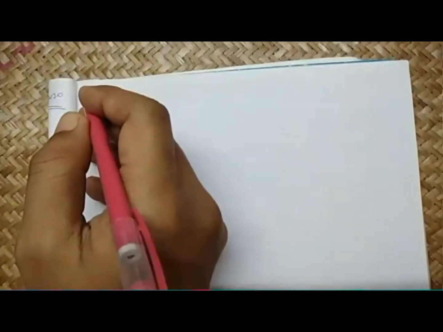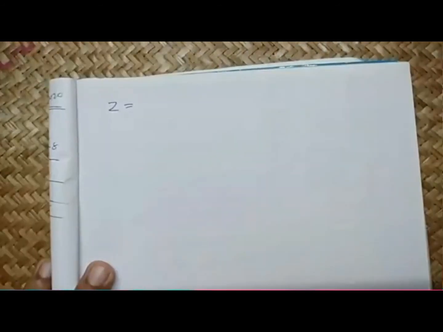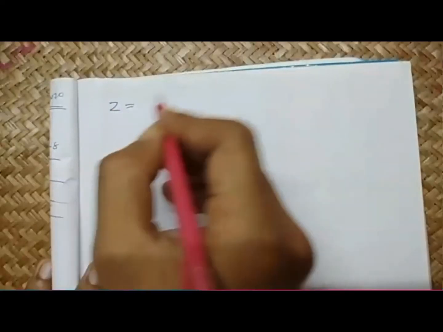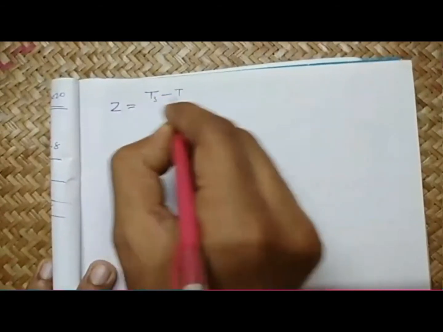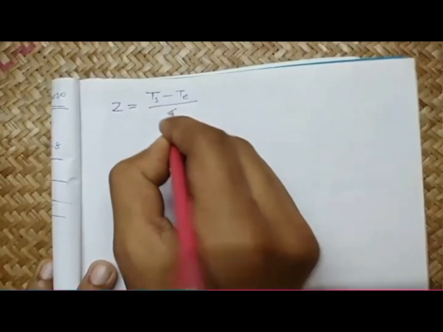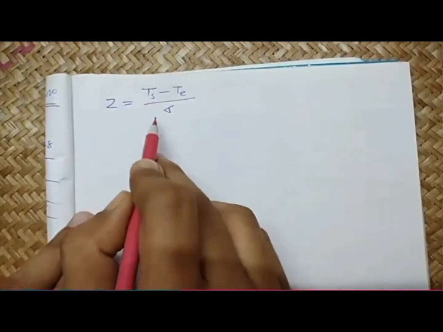For that you need to find Z. We call it Z, not D as in the previous class.